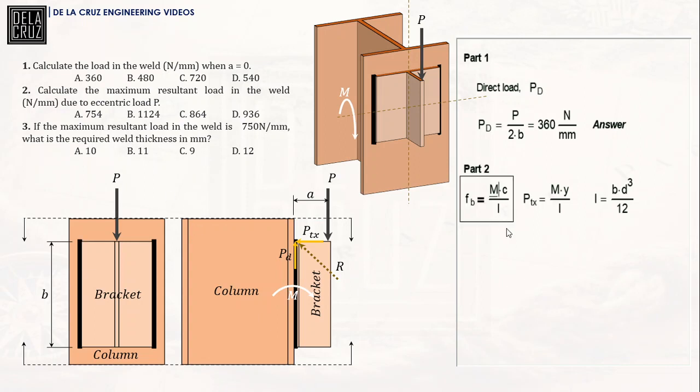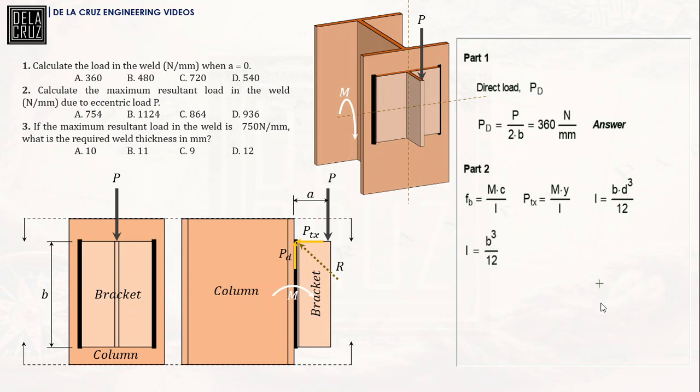So basically, our inertia to be used here is equivalent to, again, we remove one because we are considering per mm, so that would be B cube over 12.